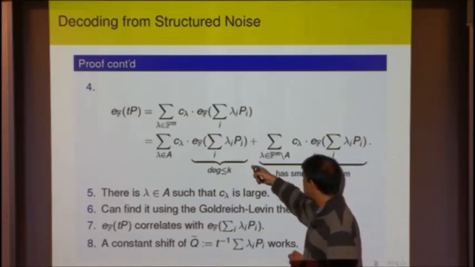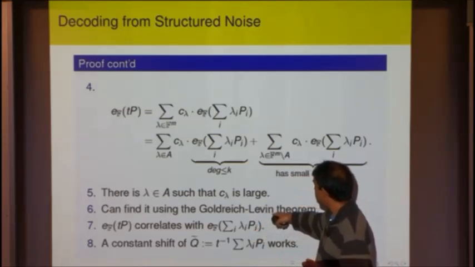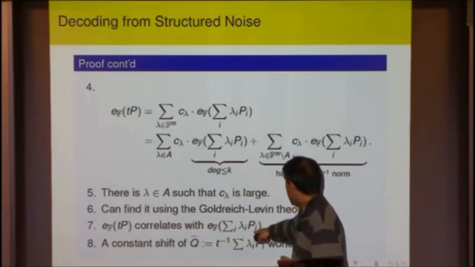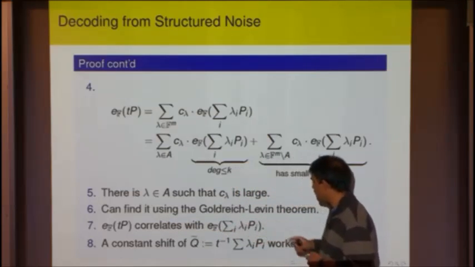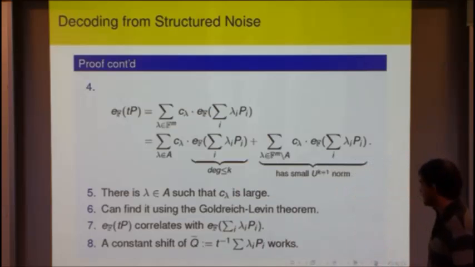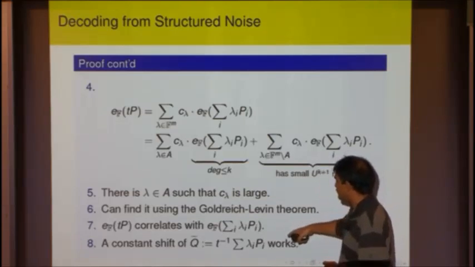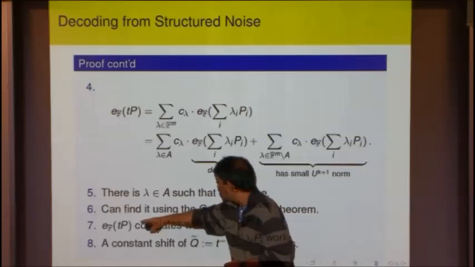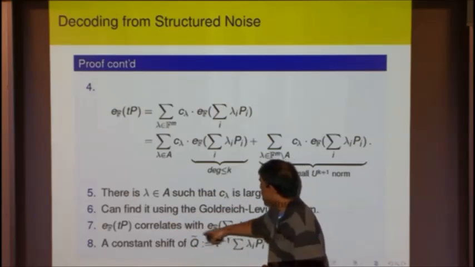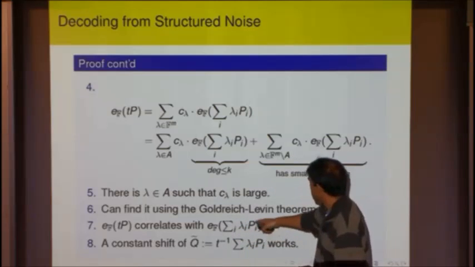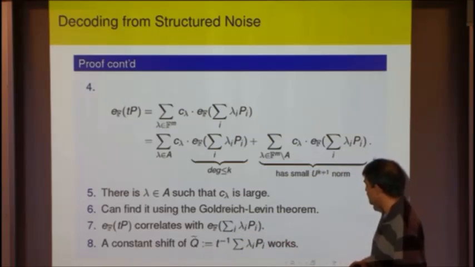Since C_lambda measures correlation with this polynomial, we know that T_p correlates with this polynomial for this lambda. So this is a constant multiple of the given polynomial, and it correlates with polynomials which are of strictly lower degree.